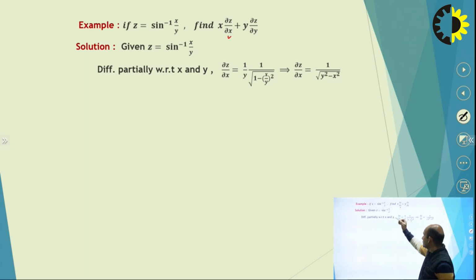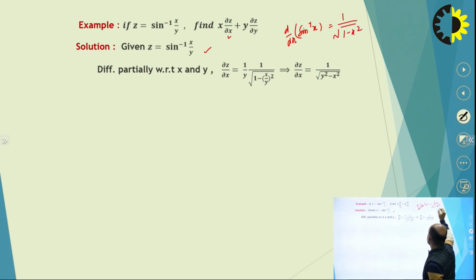So if we differentiate this function with respect to x, then as we know, d upon dx of sine inverse x is actually 1 upon root 1 minus x square. But here we have a function which is sine inverse x upon y.